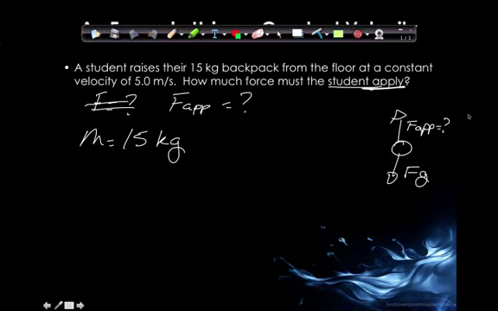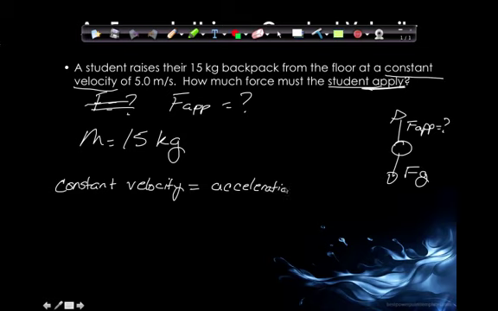However, it tells us something important. It says constant velocity. Anytime that we have a constant velocity, we know that the acceleration then is 0. So we know the acceleration on this book bag is 0 because it tells us that we have a constant velocity.